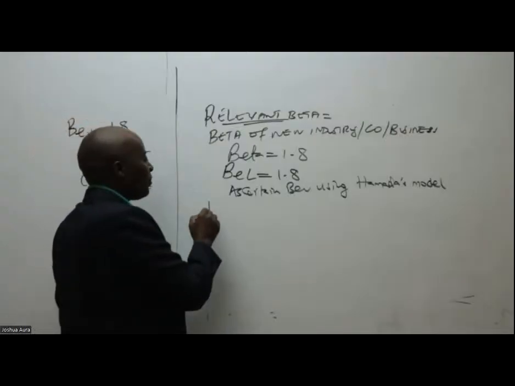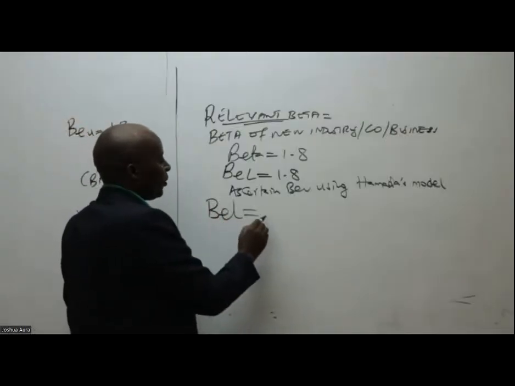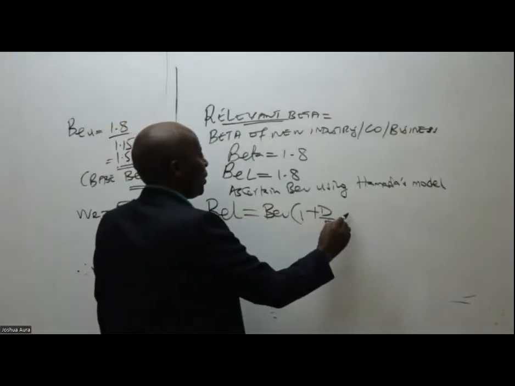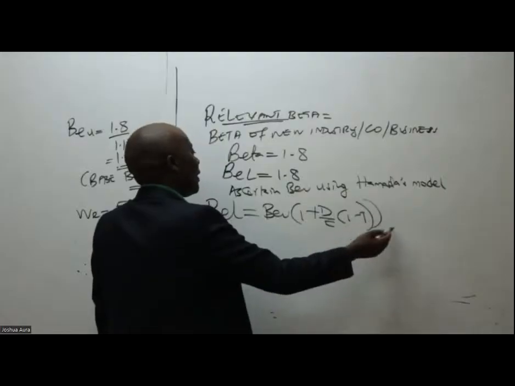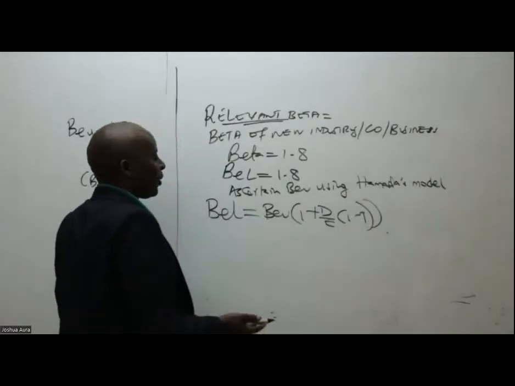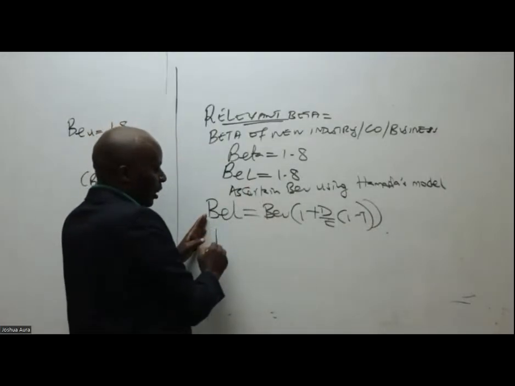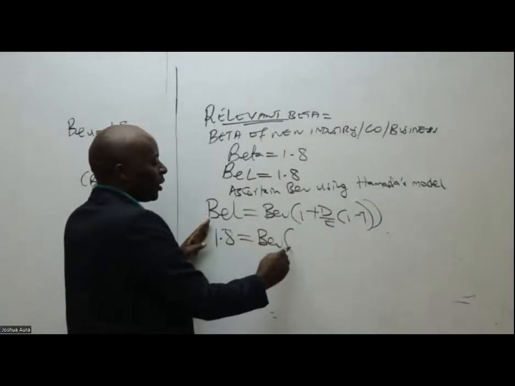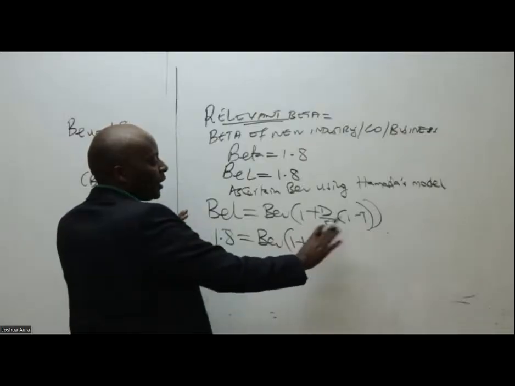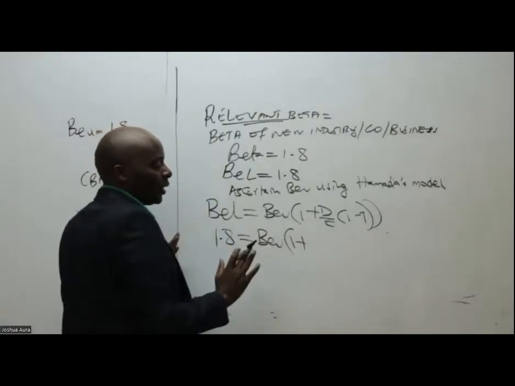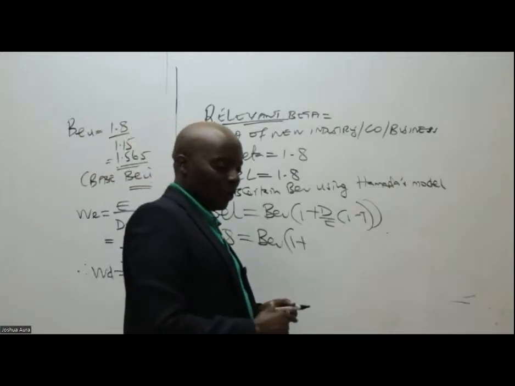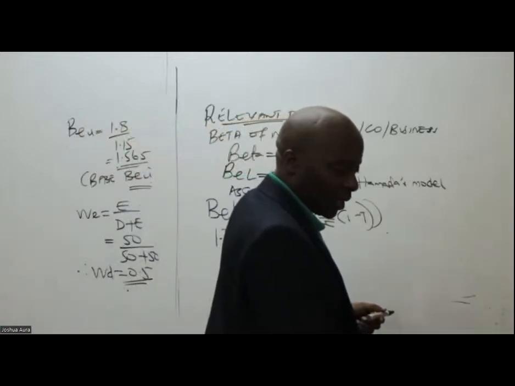This is how Hamada's model looks: BEL equals BEU times (1 plus debt to equity ratio times (1 minus tax)). Whatever we have here is our BEL, 1.8. BEU is what I'm looking for, times 1 plus... remember, everything here is about the new business, the new industry.